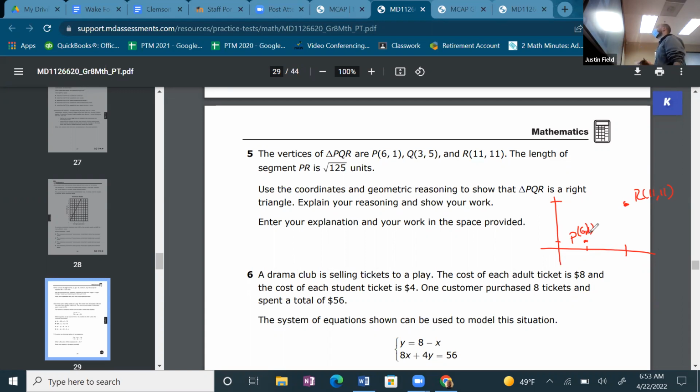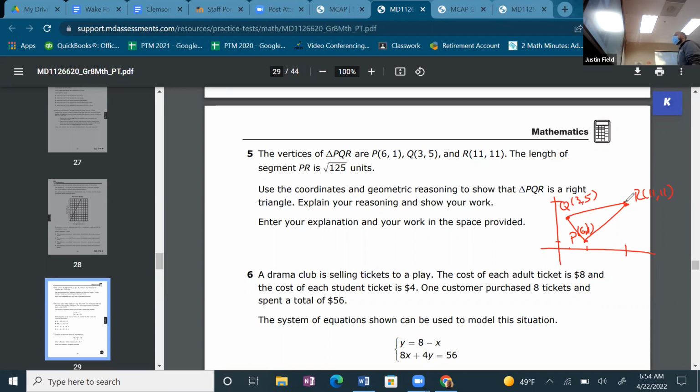All right. And where's Q? 3, 5. And so we get this. So where do you guys think?